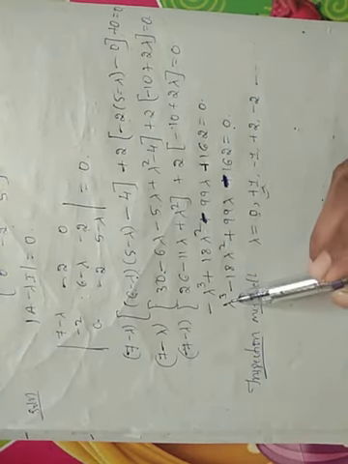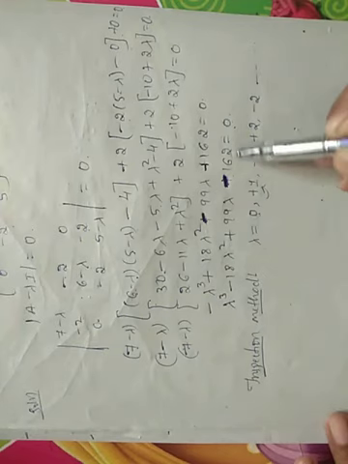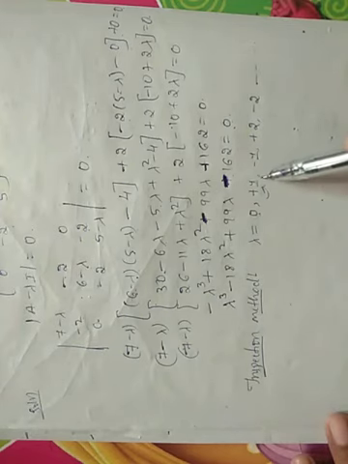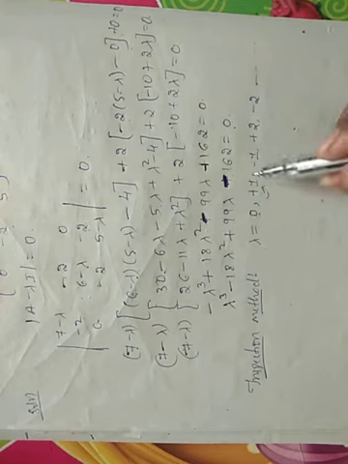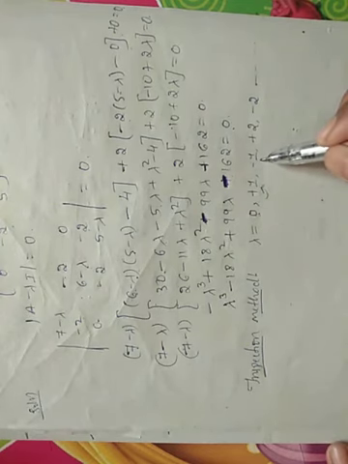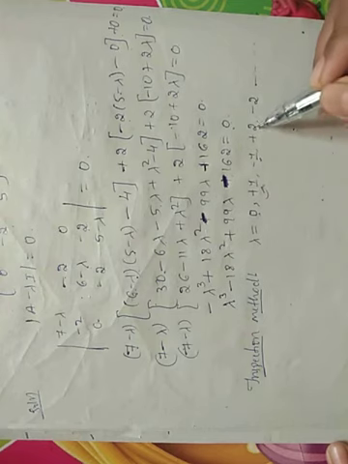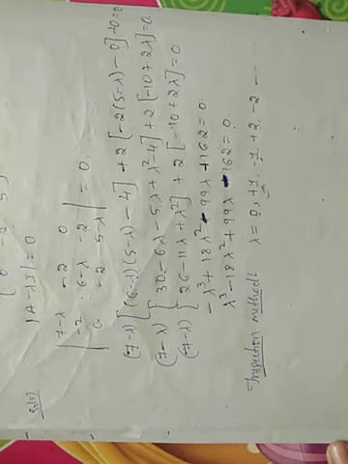Put lambda equal to plus 1. If the entire expression tends to 0, then we take lambda equal to 1 as the eigen root. Suppose it is not equal, then move to minus 1. If minus 1 is not satisfied, move to 2, then minus 2, and continue the procedure.